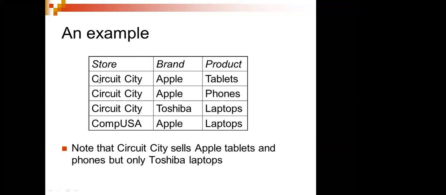I have the store called Circuit City, which is going to have the brand Apple, and they are going to sell the tablets, while the Toshiba laptop is only of the brand Toshiba. So the store is Circuit City. This is how I'll be having the example.